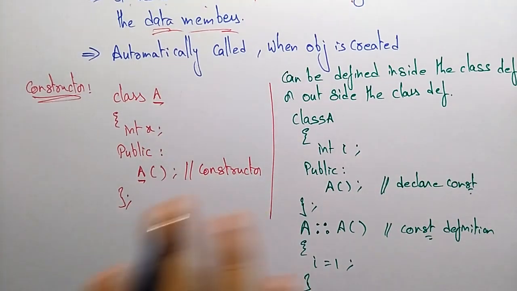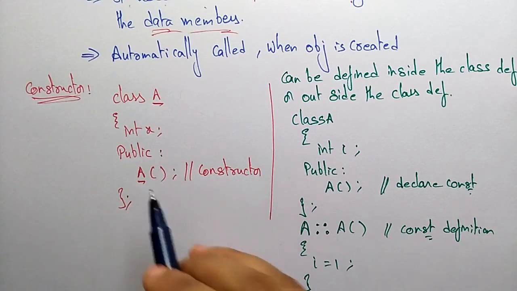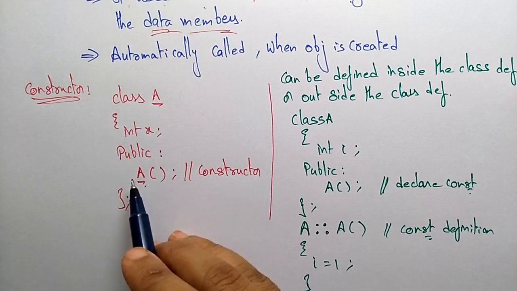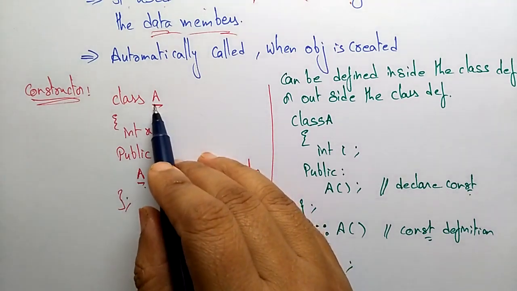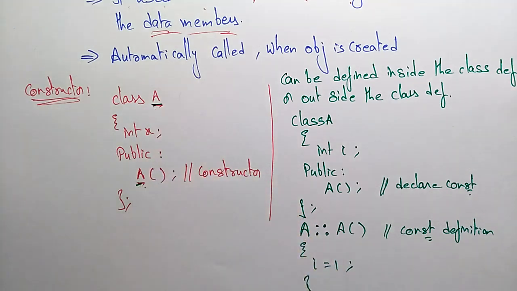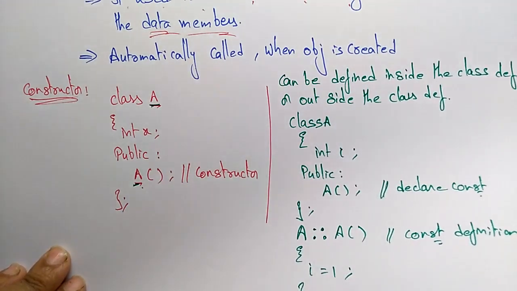This is the way you can write a constructor. Constructor is just a function, and its main speciality is that the class name is the same as the constructor name. It will be automatically called when an object is created, and it can have any number of parameters.